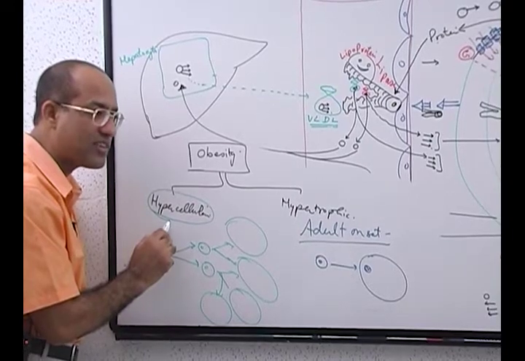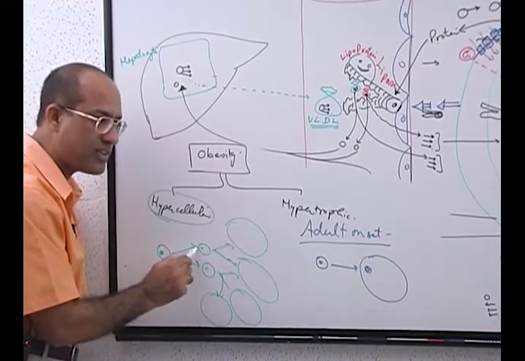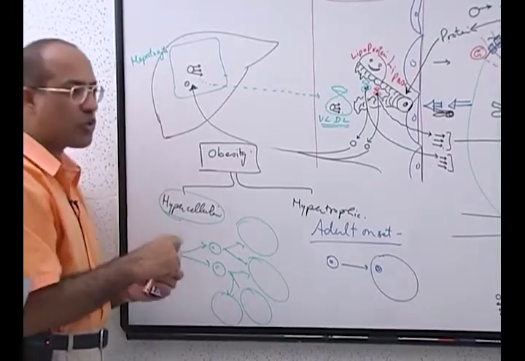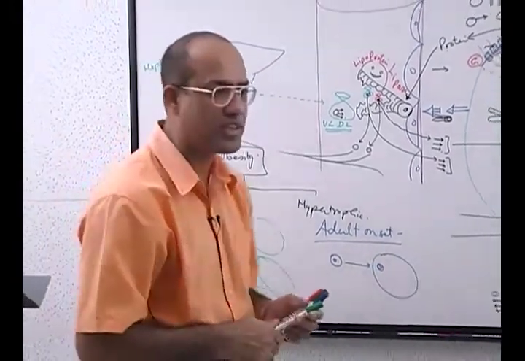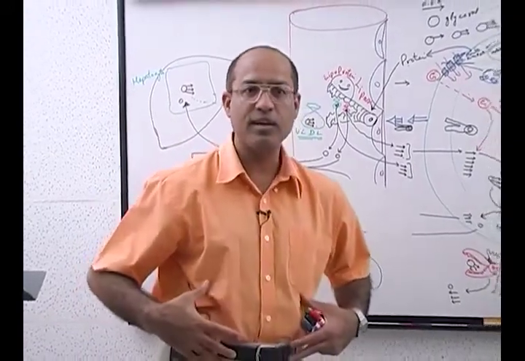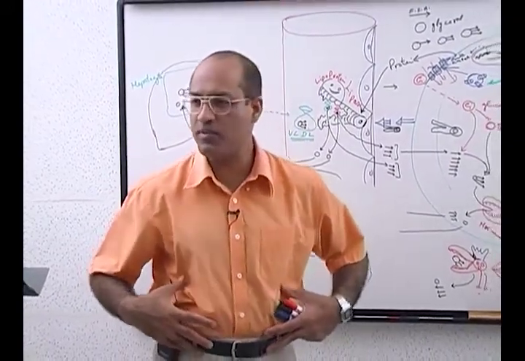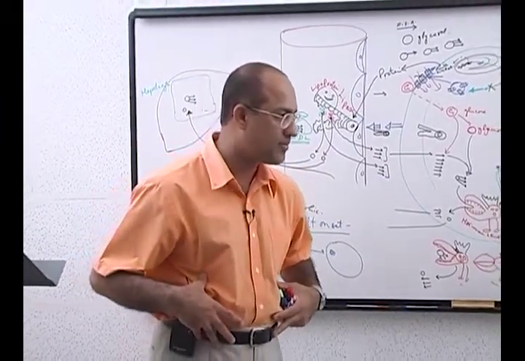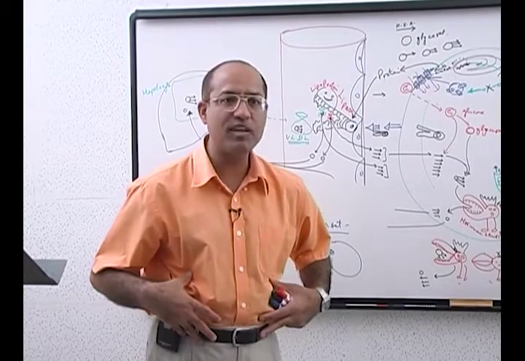The number of cells is increasing. Hypercellular obesity. This is childhood obesity. If mothers overfeed their children at a very early stage, the number of fat cells will increase. And when you are having too excessive a number of fat cells, all your life you have trouble in controlling your weight. Fat cell number is also inherited.